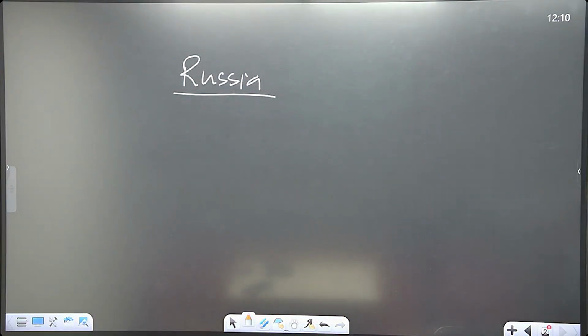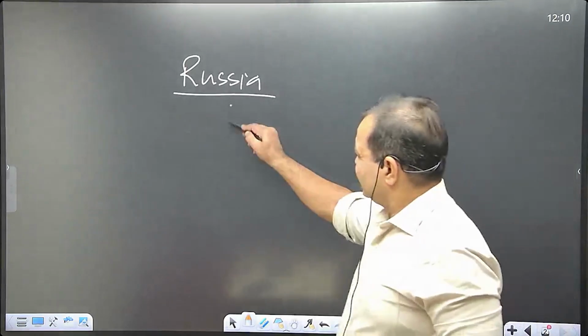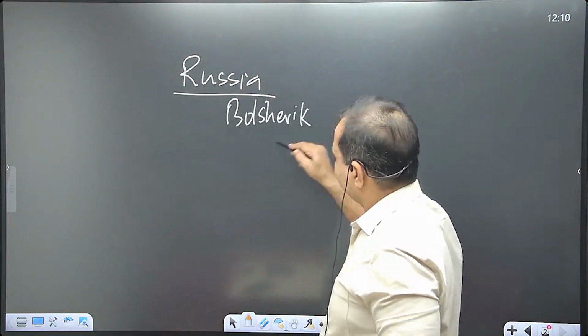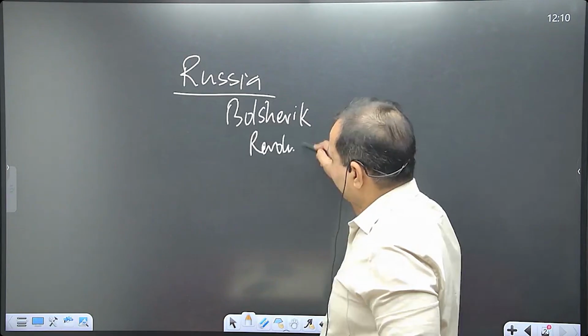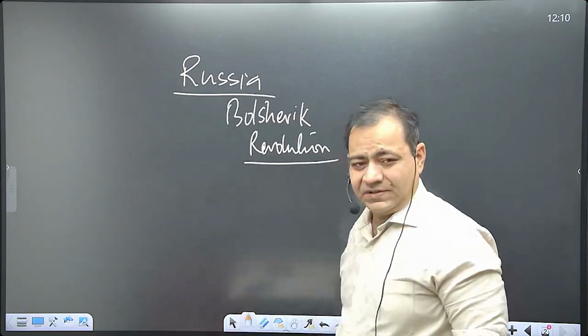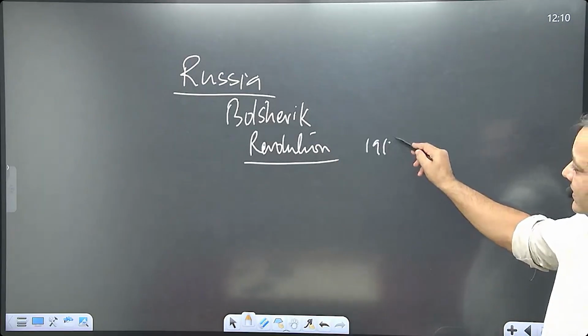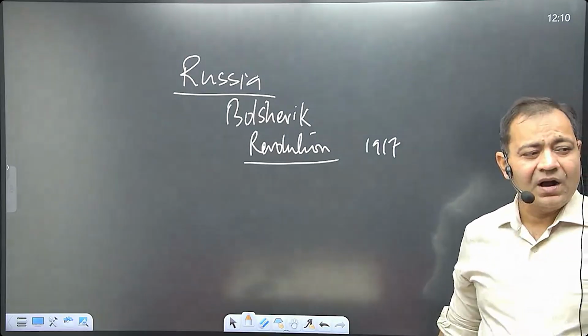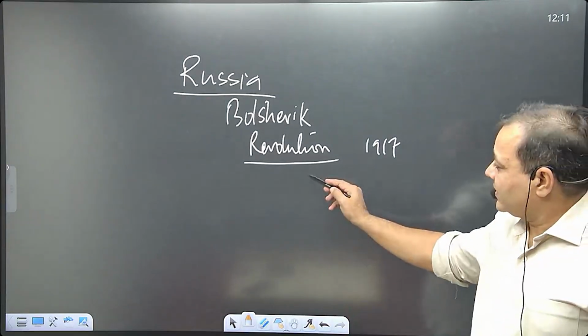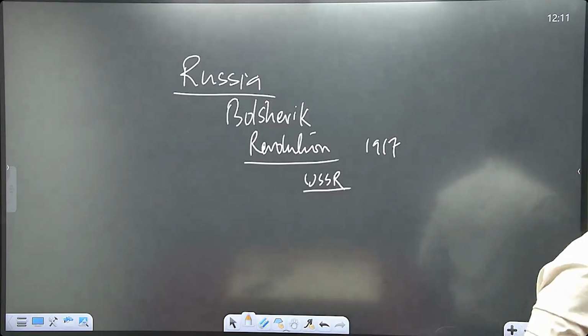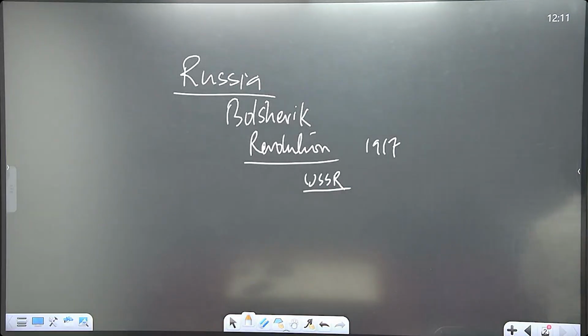So the industrialization of Russia typically followed its Bolshevik revolution. Even before this, we have a little bit, but typically followed its Bolshevik revolution of 1917 and the formation of the USSR.